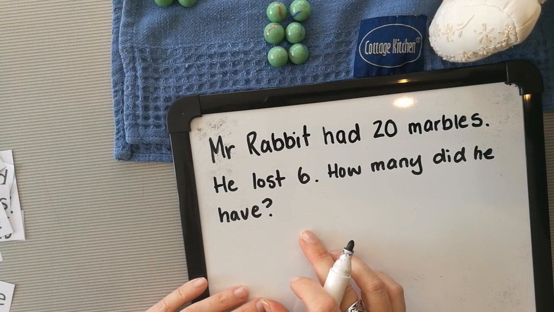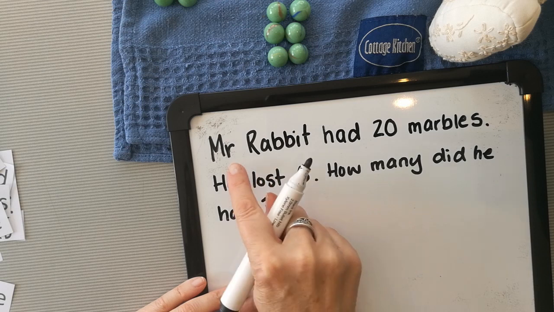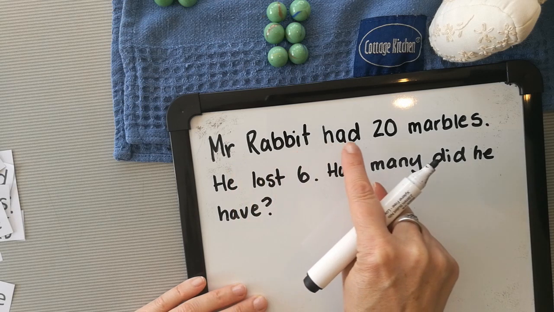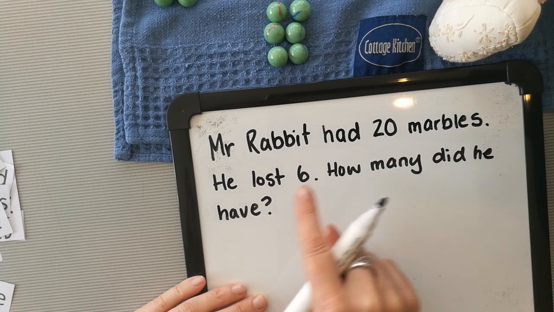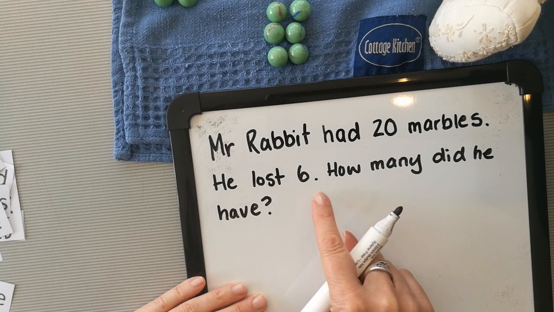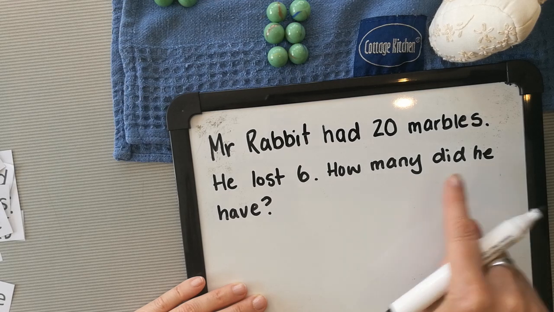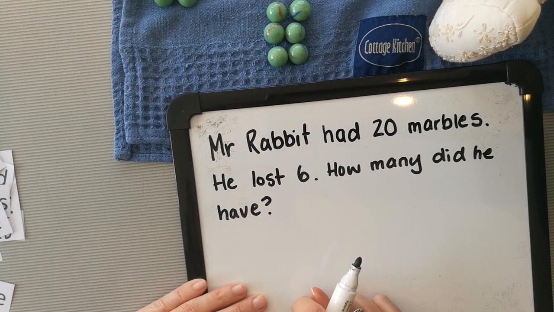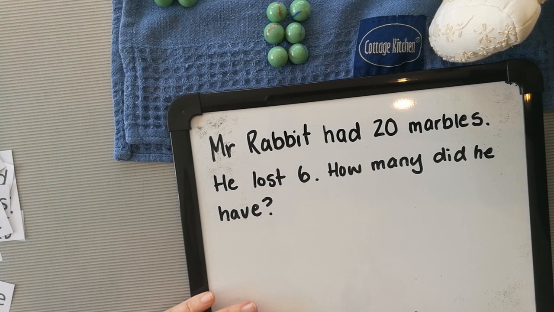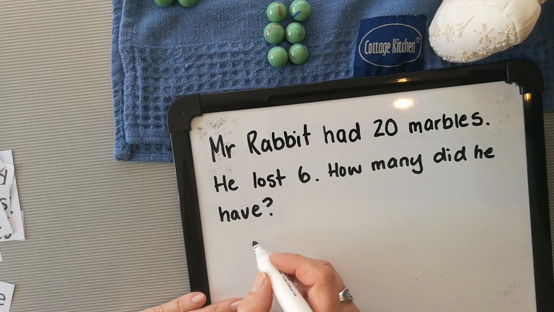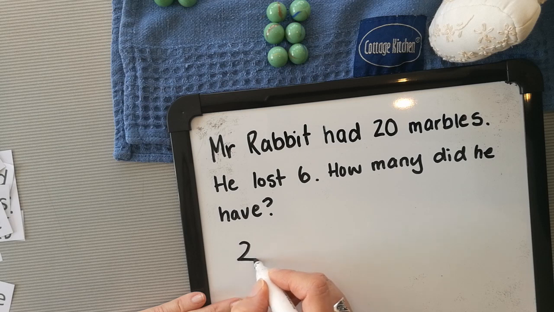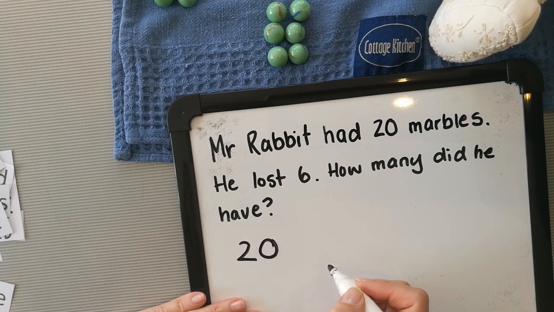So I wrote a little story about Mr. Rabbit. Mr. Rabbit had 20 marbles. He lost 6. How many did he have? Fantastic. How do we write that if we were writing it with digits? We could write 20. That's right.